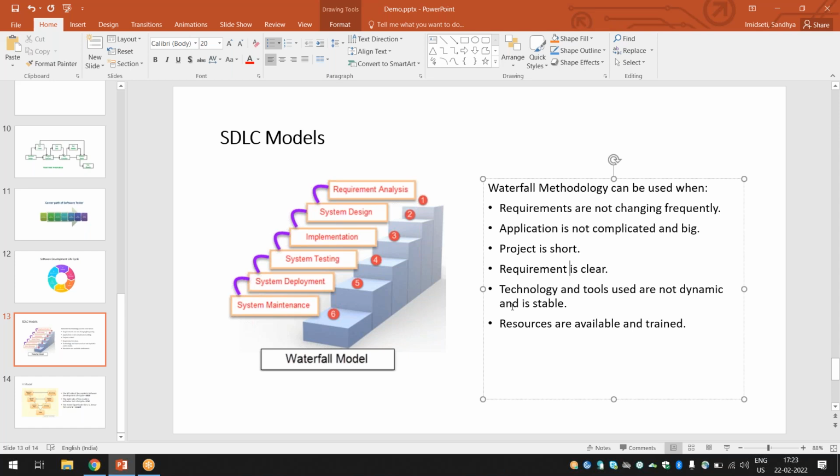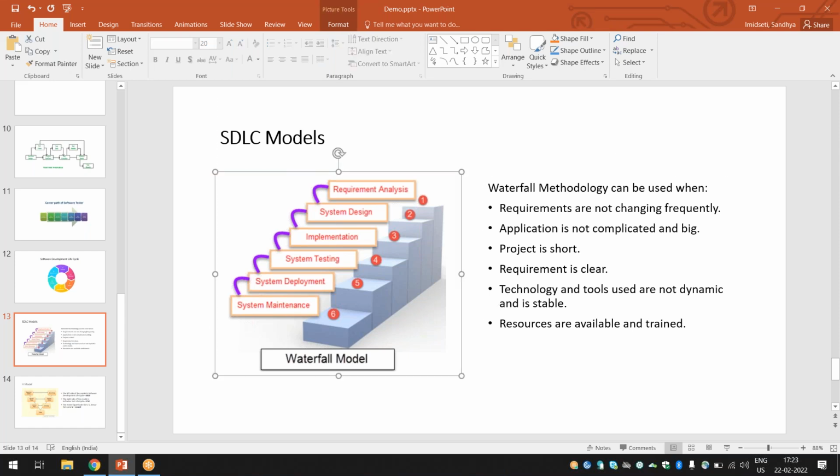We are not the decision makers, because to develop software or anything, I told you, the time, cost, resources and budget, everything, are taken into consideration. An SDLC model will be decided by the management team.